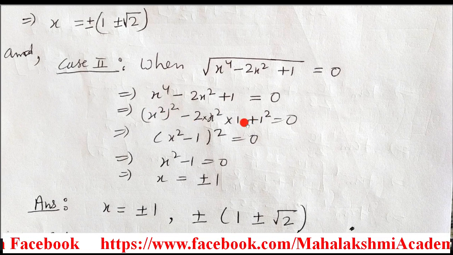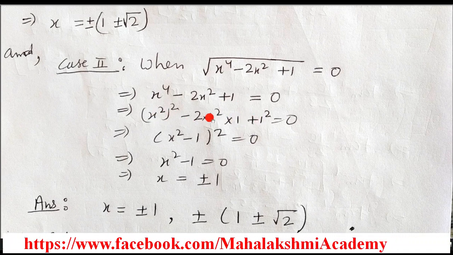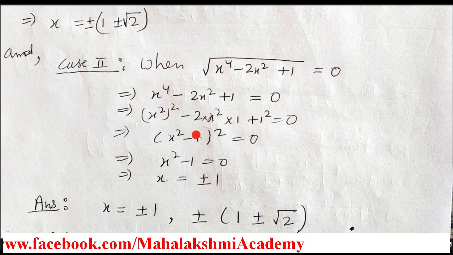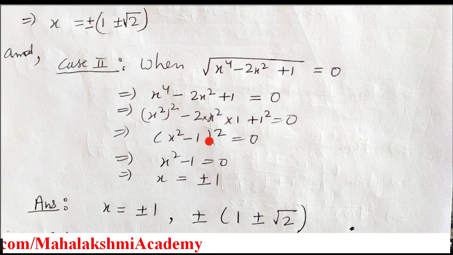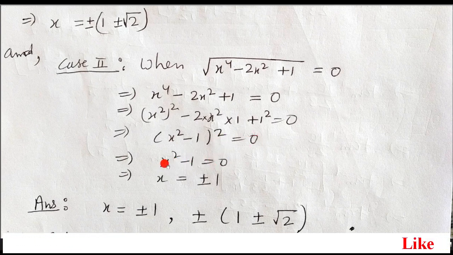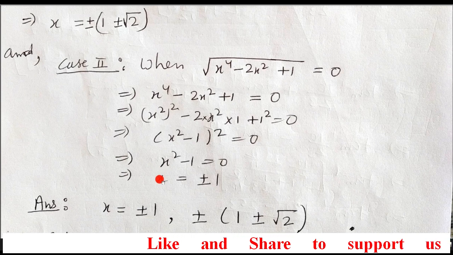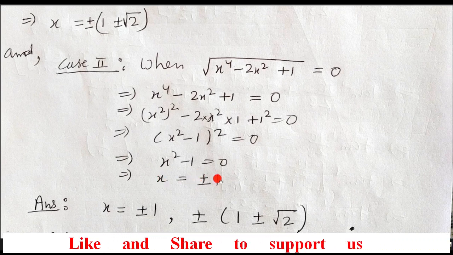So it will convert in the form of a square plus b square minus 2ab, that is a minus b whole square. Take the square root on both sides, that will give you x square minus 1 equal to 0. And this negative symbol, shift here positive, and then take the square root again. So when you take the square root, you will get plus minus 1.